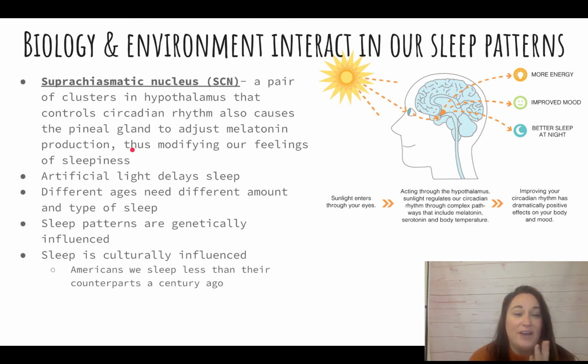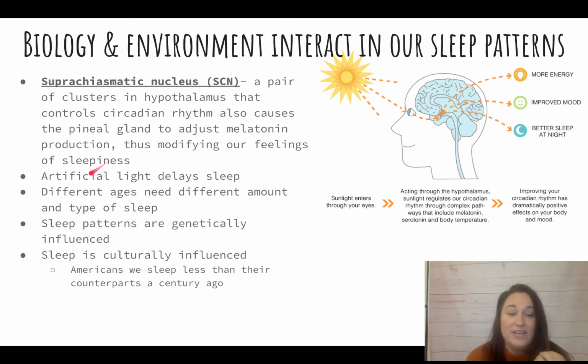So what affects the SCN? That is affected by light. Remember when I was talking about the circadian rhythm and how we follow the daylight and nighttime 24-hour cycle? That is related to this. It gets that message through light, through our body experiencing sunlight.